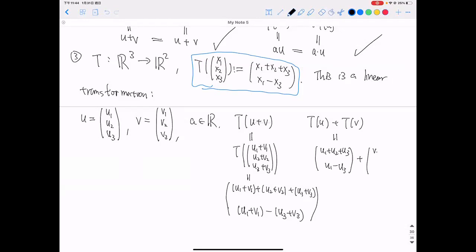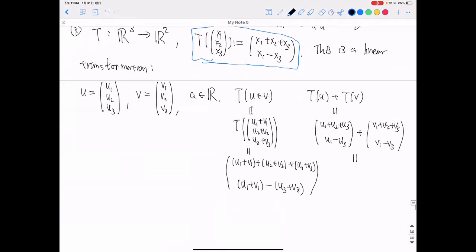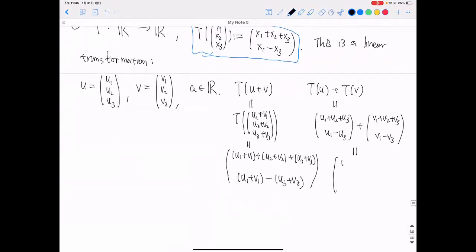Similarly for T of V, V1 plus V2 plus V3, V1 minus V3. If we add these two vectors together, we get U1 plus U2 plus U3 plus V1 plus V2 plus V3, and U1 minus U3 plus V1 minus V3. And if you look at these two vectors now, you see that they are equal. So the first required property is checked out.